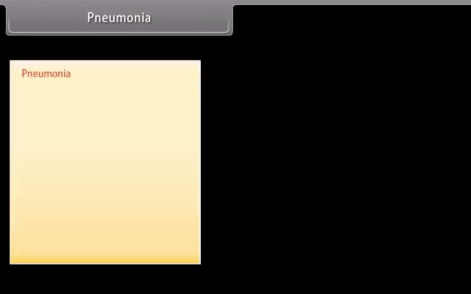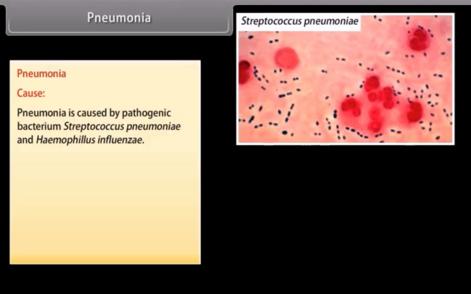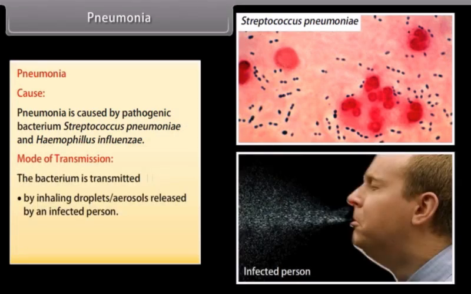Pneumonia. Cause. Pneumonia is caused by pathogenic bacteria, Streptococcus pneumoniae and Haemophilus influenzae. Mode of transmission. The bacterium is transmitted by inhaling droplets, aerosols released by an infected person, or by sharing utensils with an infected person.